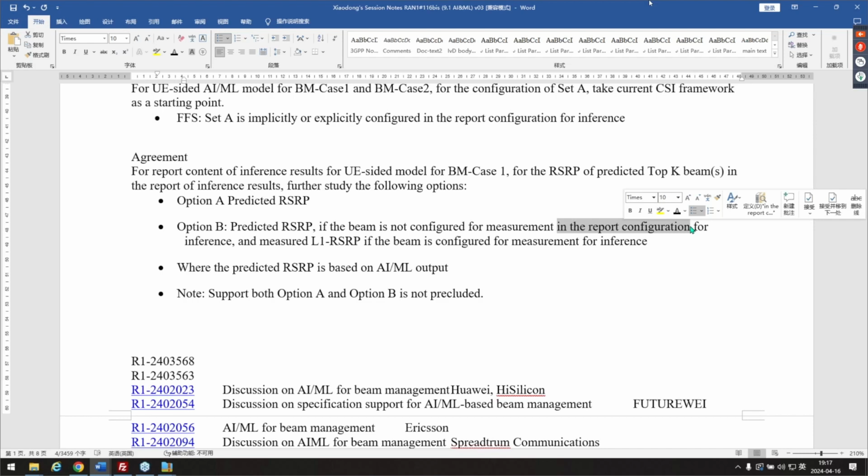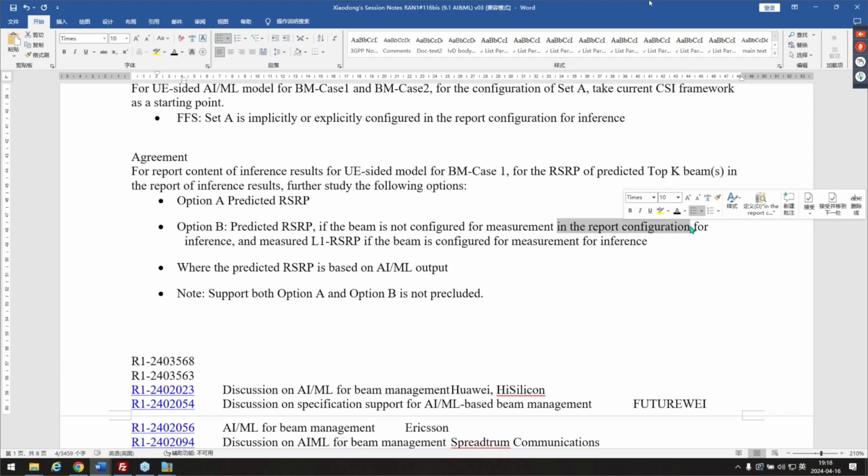If it is configured for measurement, UE can measure. UE has L1 RSRP. If UE is configured to not measure it, it doesn't have L1 RSRP. It's a predicted one. So we can simplify by deleting those. And the question on labeling, to our understanding, option B doesn't need any extra labeling to differentiate whether it's predicted or measured. Okay, then we are aligned.